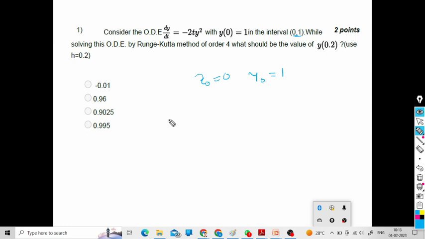Okay, y is equal to 1 by 6 times k1 plus 2k2 plus 2k3 plus k4, where k1, k2, k3 and k4 also need to be calculated. So please proceed with the formula and calculate the y at 0.2.